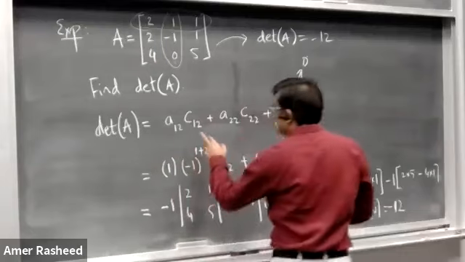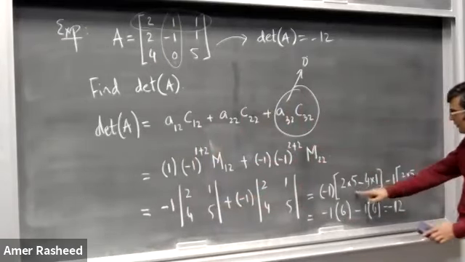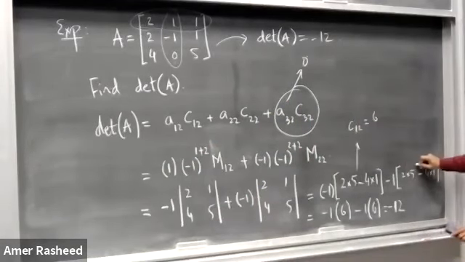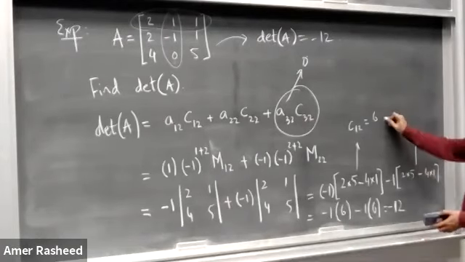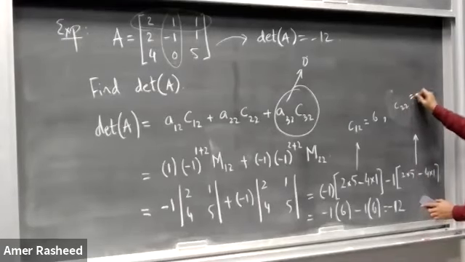Okay. You have this C12. C12 is what? C12 is 6. This is your C12, which is 6. And this is your what? C22. C22 is what? It is -6 again.